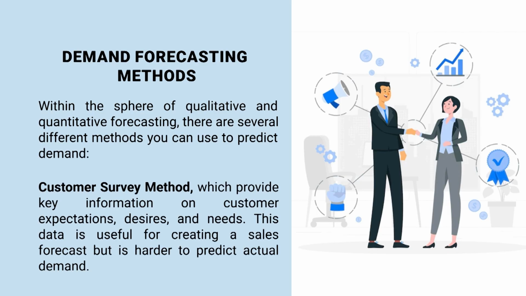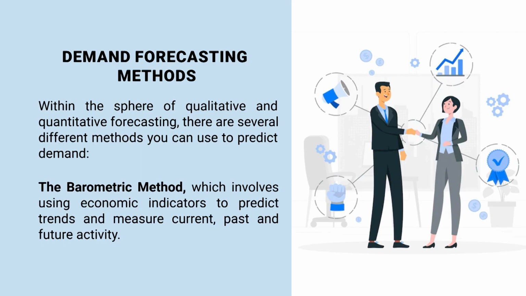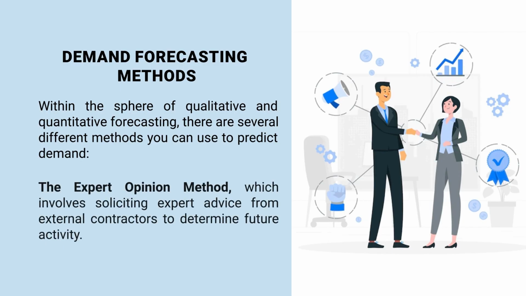Customer survey method provides a sales forecast but is harder for predicting the actual demand. Barometric method involves using economic indicators to predict the trends and measure current, past and future activity. Expert opinion method involves soliciting expert advice from external sources to determine the future activity. We have engineering journals, trade journals and trade summits, by which we can know what methods for demand forecasting are available.